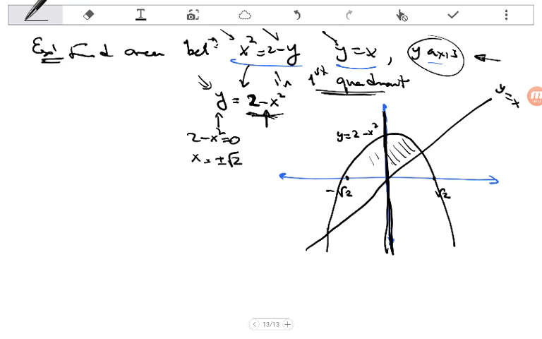Sometimes students mix between them and consider, for example, this as an axis and take only this area. I'm just giving an example of a known mistake. So it is always better to graph the axes in one color and the bounding curves in another color.